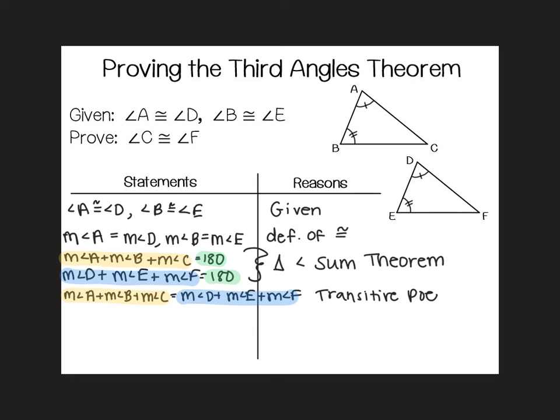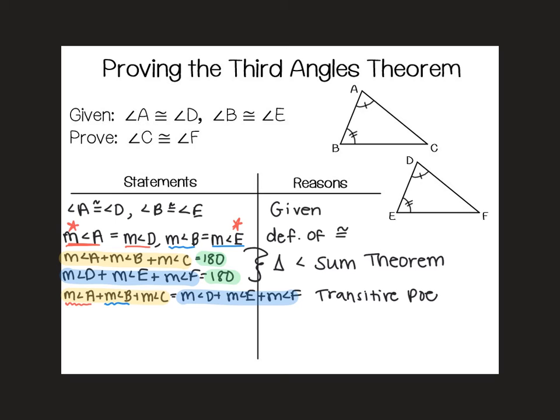Now, if you look back up to our second line here, we have some things that are equal to each other. So we have A equals D. So anywhere I see an angle A, I could replace with an angle D. Same thing, I have an angle B equal to angle E. So if I see a B, I could replace it with an E. So I'm going to do that now.